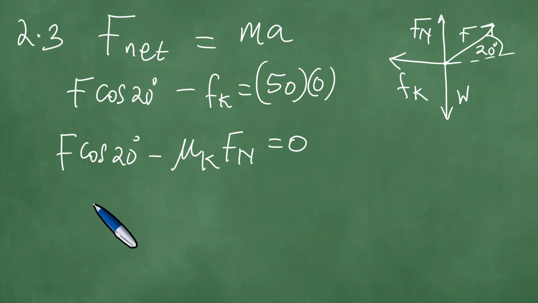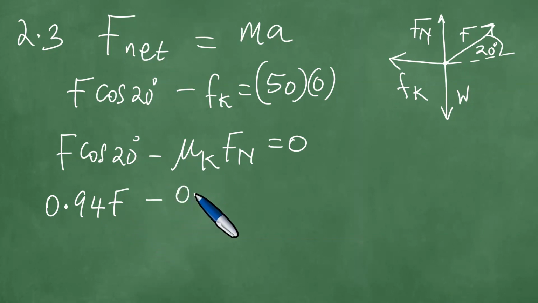Let us continue. What is cosine 20? Cosine 20 is 0.94. There, F minus this mu k is the same as what? This mu k is 0.4. It's 0.4 into.